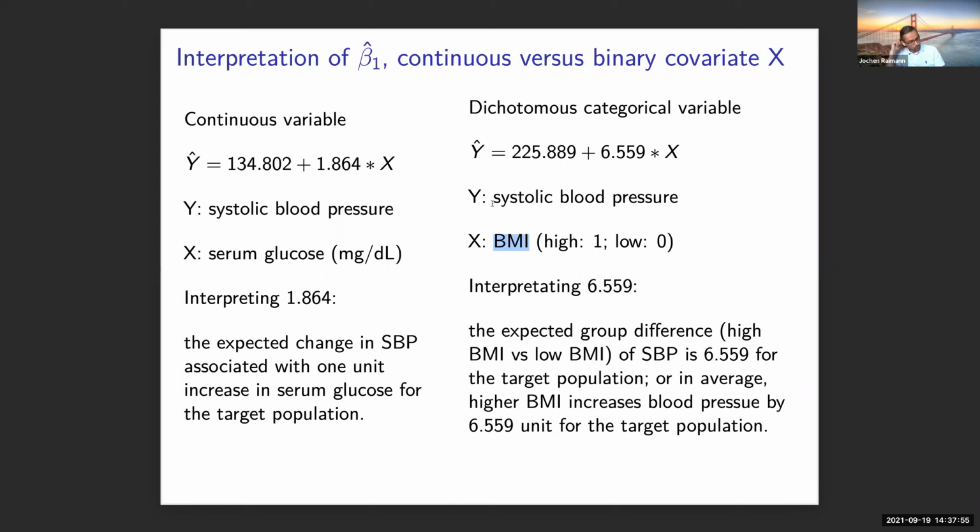An interesting theory is hormonal. There are hormones that are being secreted because of higher fat mass in the body.